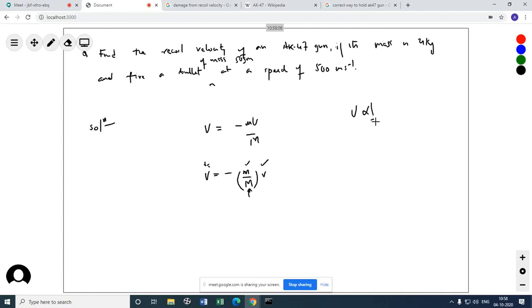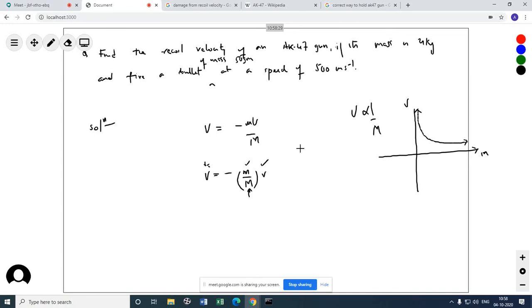Because v is inversely proportional to M. So if I plot, the curve will be something like this. It's a rational function. In the rational, this curve is common throughout. As it is a rational function, you can see that as M increases, what will happen to v? v will decrease.